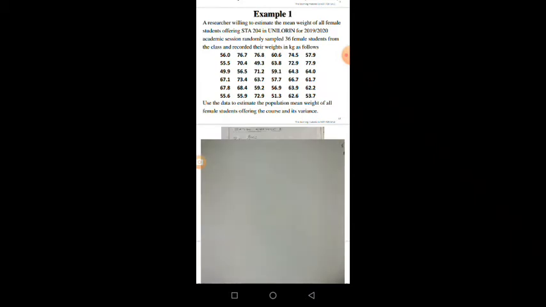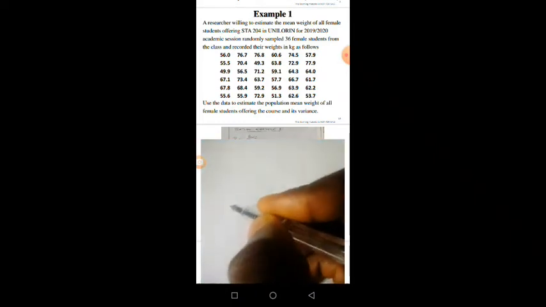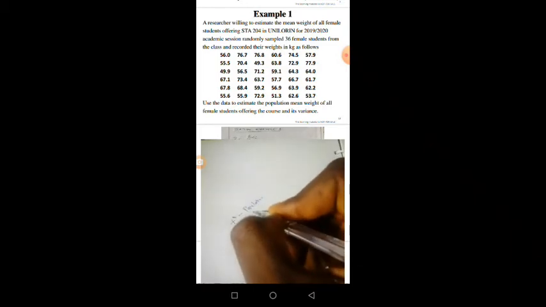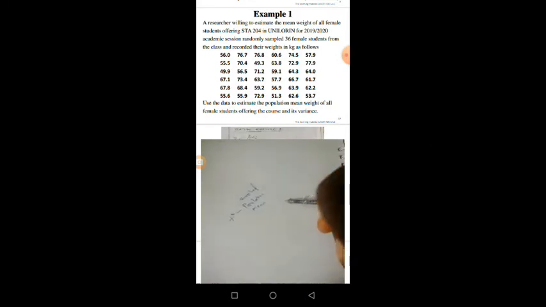Now, what we are asked to get is the population mean weight. To estimate the population mean weight, the formula is x bar, the sampled population mean.